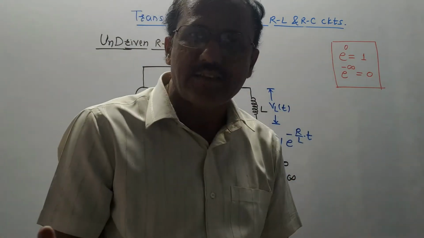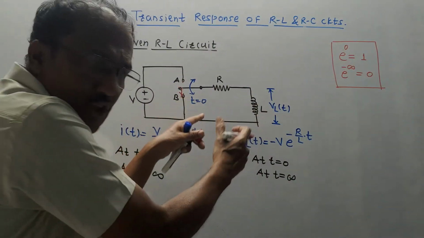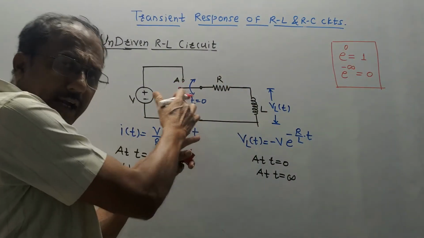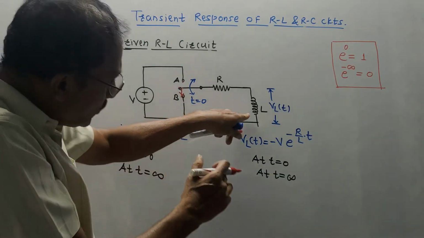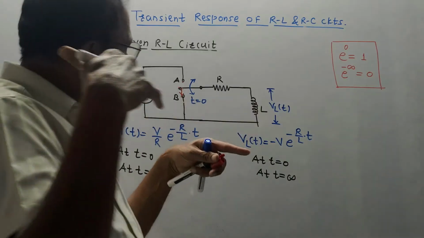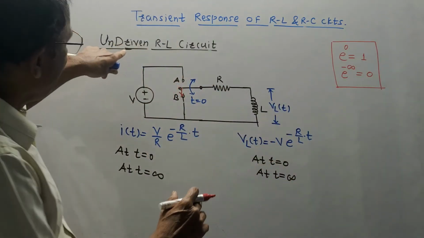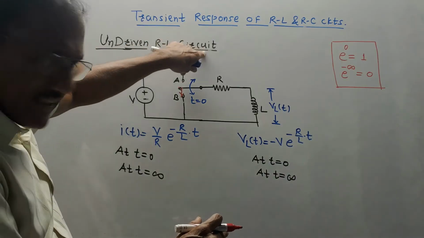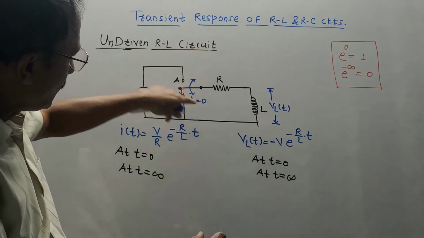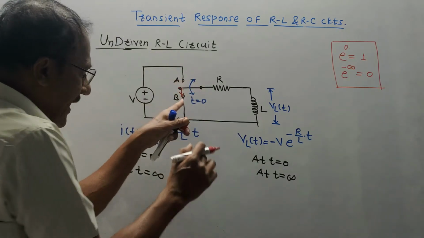Inductor and capacitor are storage devices. So at t equals 0, when you change the position of the switch to point B, the stored charges will start flowing through the circuit, which will make the flow of current i of t in the circuit. That's why this circuit is known as the undriven RL circuit, because at t equals 0 the voltage source is not connected since the switch is connected at point B.